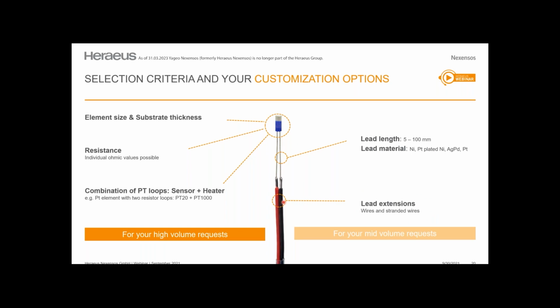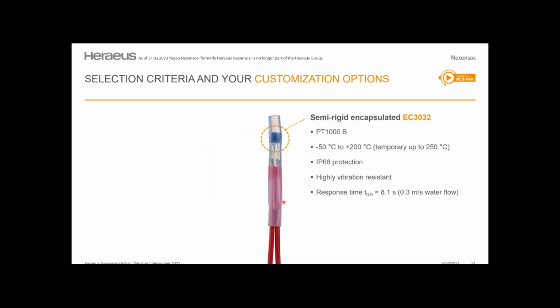And if this is not enough, we can even offer you protective housings. You see here an example. It's an encapsulated EC3032 with a PT1000 element inside. It operates from -50 degrees C up to 200 degrees C. Temporarily, we can go up to 250.